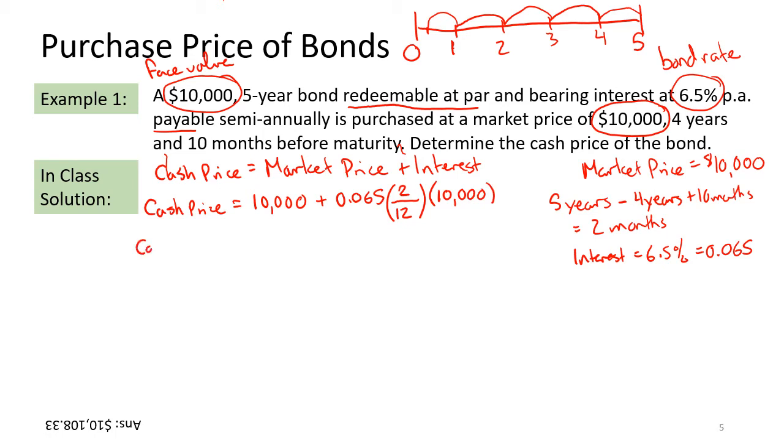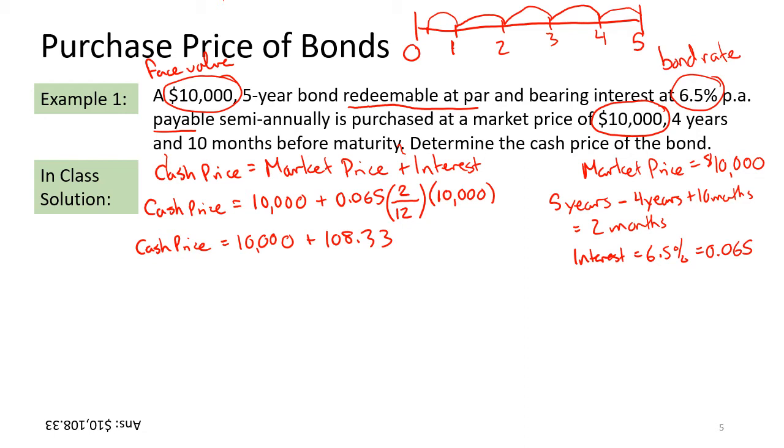And if we calculate this out, we get $10,000 plus $108.33. So for the 2 months that you've owned the bond, you've earned $108.33 in interest, okay?